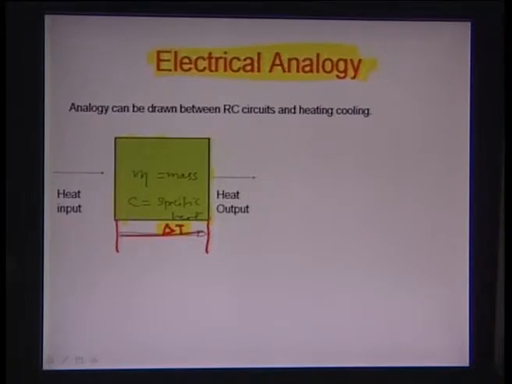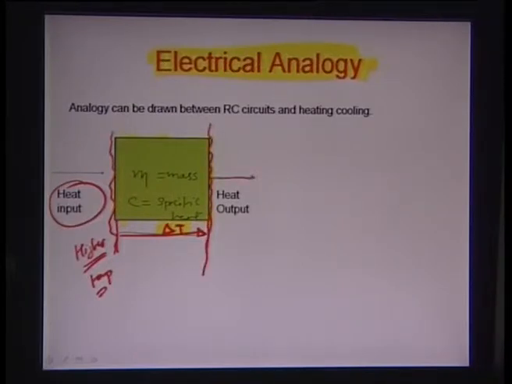Because this side is the higher temperature side, there should be a heat flow from one end to the other. So there is a heat input across this end, the surface with the higher temperature, and a heat output from this surface with the lower temperature, the difference being delta T.